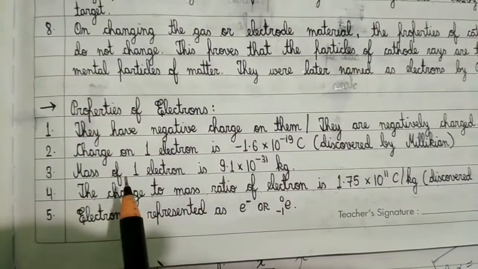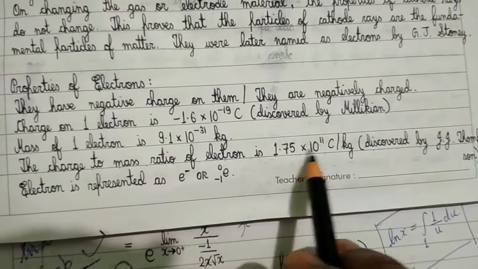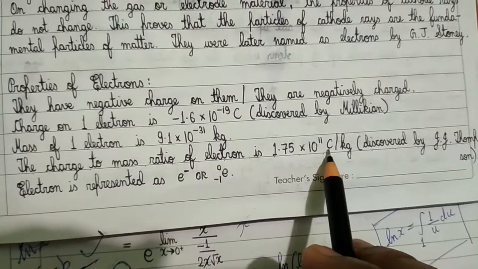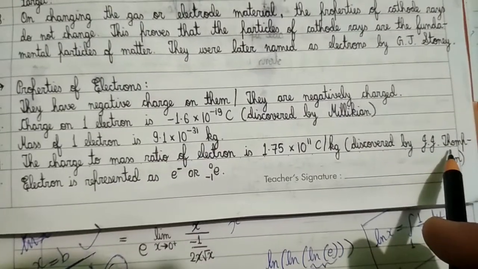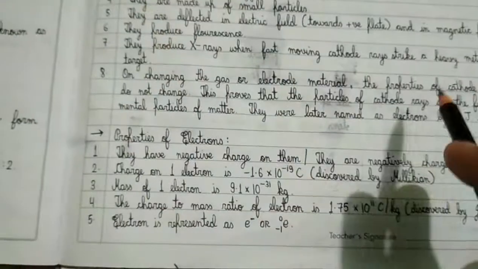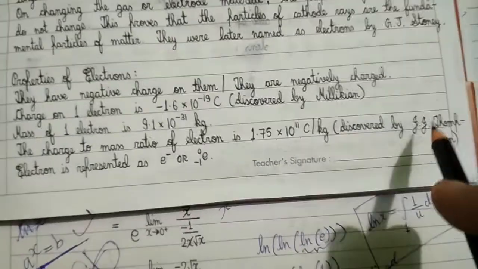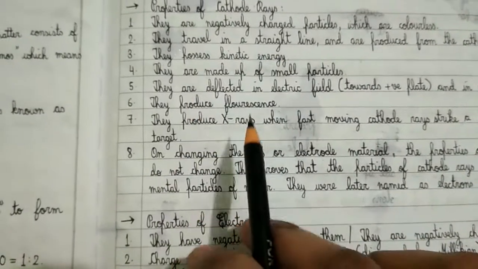One more thing which did not change was the charge to mass ratio of the particles of the cathode rays, which was 1.75 into 10 to the power 11 coulomb per kilogram, and this was discovered by J.J. Thomson. This is the main reason why this entire discovery of electrons is credited to J.J. Thomson.